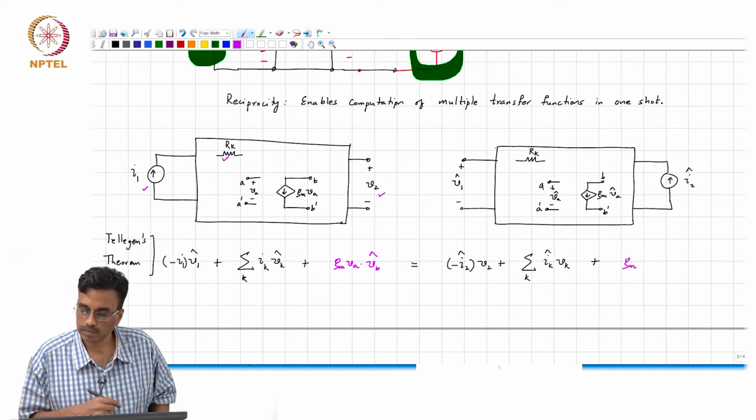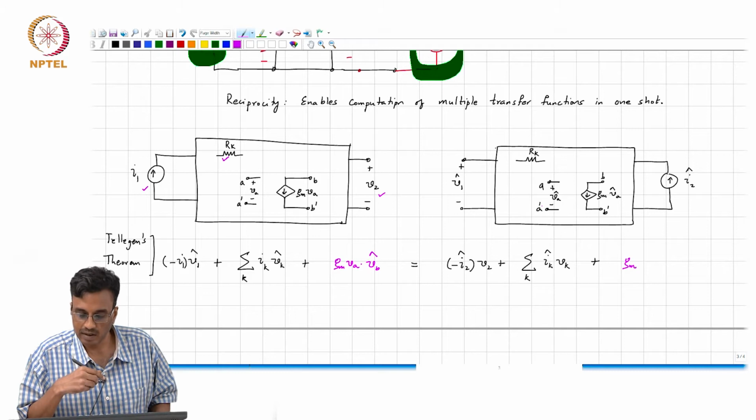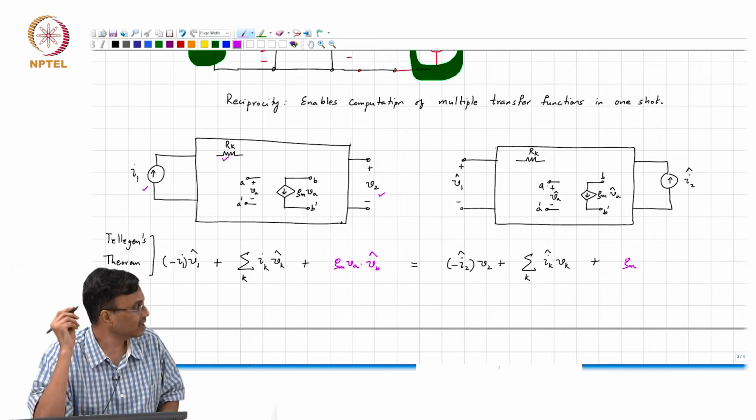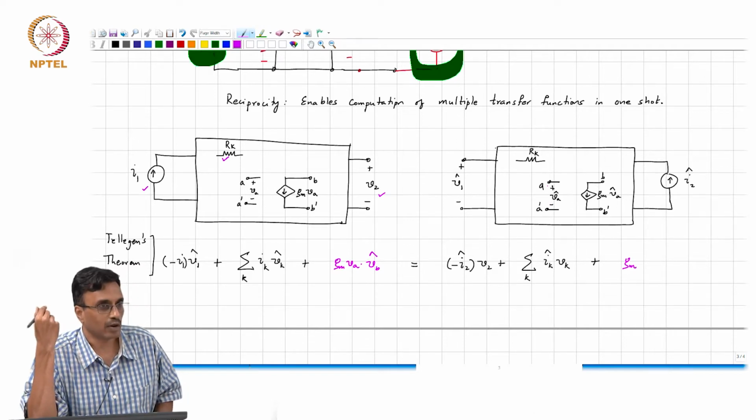Gm. Well, we need to do ik hat, right? Here ik is 0, right? As far as the first port, the A port is concerned, the current is 0.